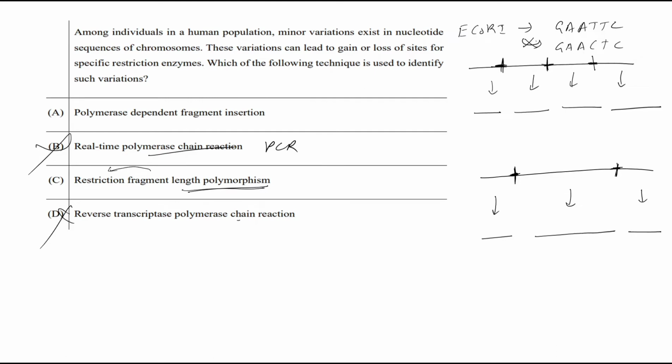And these fragments are generated from the use of restriction enzymes, and those fragments have differences in their length. These differences are identified by using this technique, which is known as restriction fragment length polymorphism, or RFLP. So the correct answer is option C.